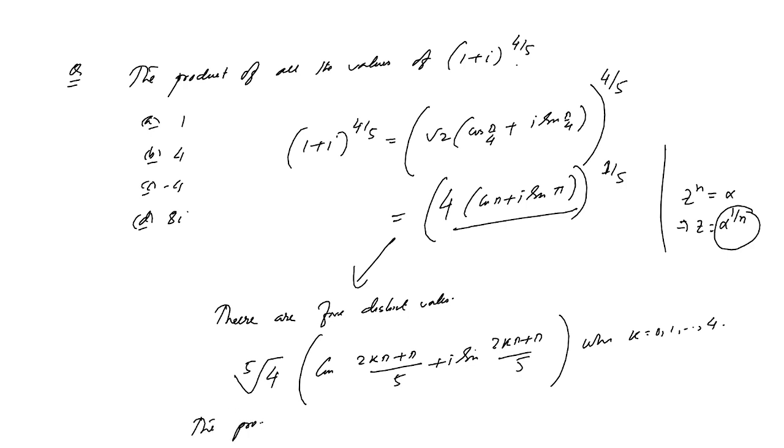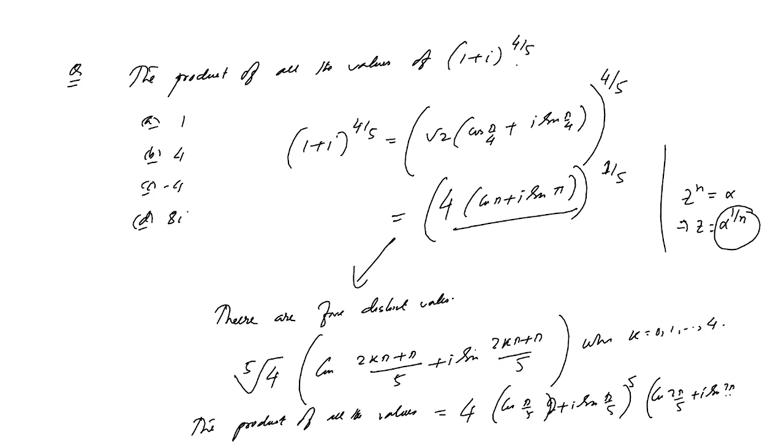The product of all these values: the fifth root of 4, taken 5 times, will be just 4, and the next is (cos pi by 5 plus i sine pi by 5) whole to the power 5 into (cos 2 pi by 5 plus i sine 2 pi by 5) whole to the power 0 plus 1 plus 2 plus 3 plus 4.